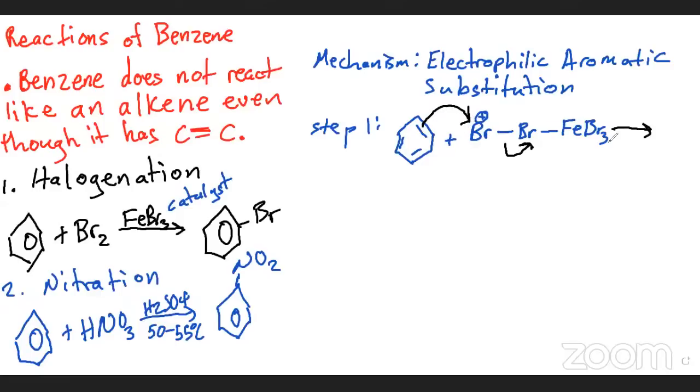All right. So at the end of this arrow, now if you look, we used this pair of electrons from the double bond. That means it is broken. And what you will have now is the bromine attached to the carbon. These two bonds, they will stay in place.